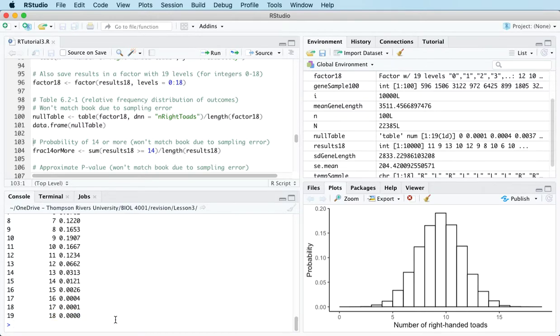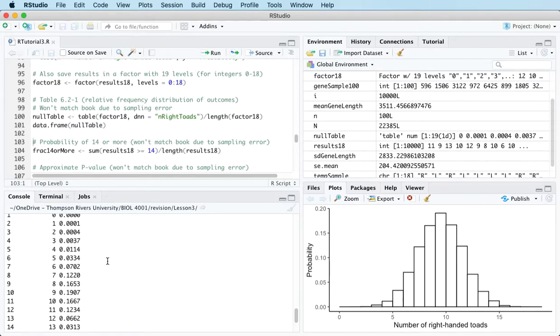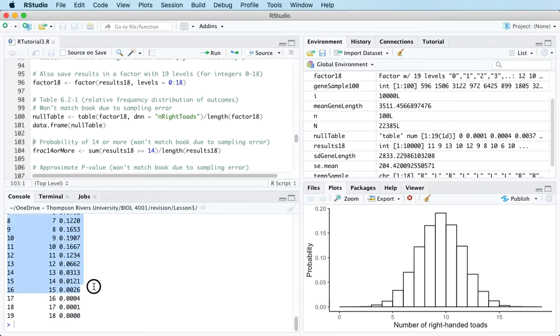Okay, so finally we're in a position to calculate our p-value, because remember our p-value is the probability of obtaining data that shows as great or greater difference from the null hypothesis if the null hypothesis were true. And this is a frequency distribution of the number of right-handed toads if the null hypothesis is true.